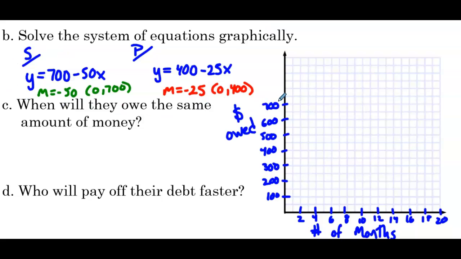So for Sam, y-intercept at the point 0, 700, slope of negative 50. So each box on the y-axis is 50. So this slope's equivalent to just down 1 box over 1. Down 1 over 1. And we continue that pattern to get more points on the line.